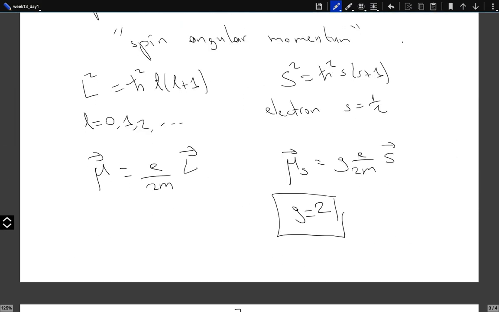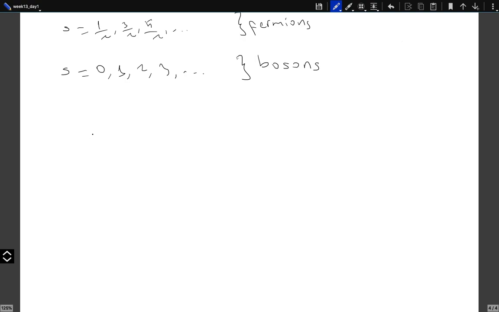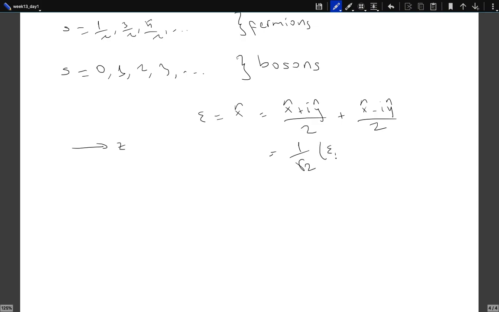Well, let's see. Let's assume you have a photon moving in the z direction. Its polarization is x hat, which can be written as (x hat plus i y hat)/2 plus (x hat minus i y hat)/2, that is, 1 over square root of 2 times epsilon left plus epsilon right.